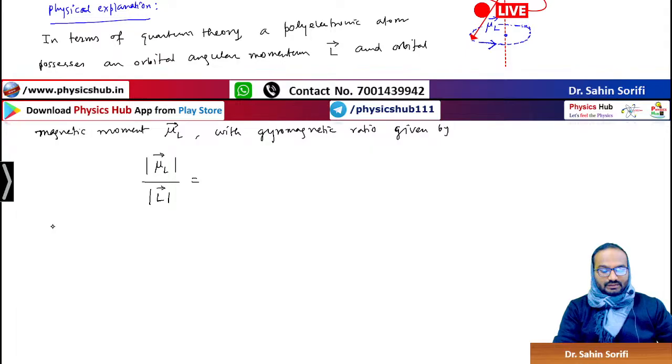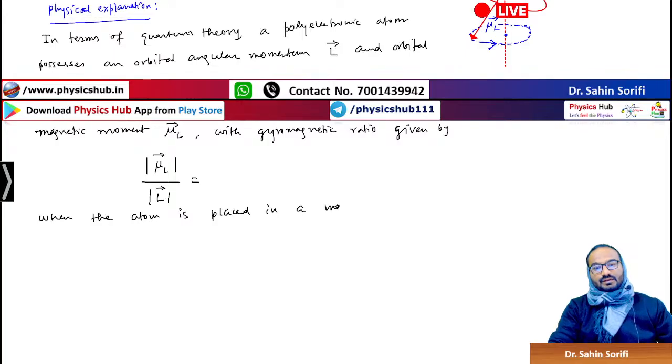When the atom is placed in a magnetic field, e by 2m, very good, e by 2m.